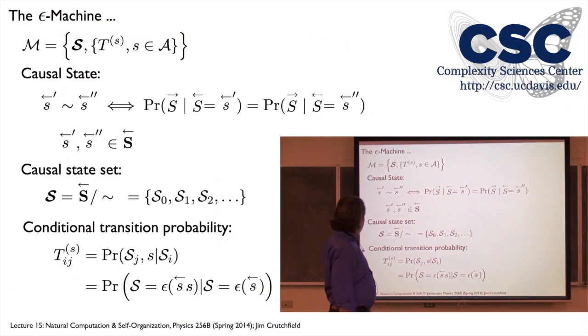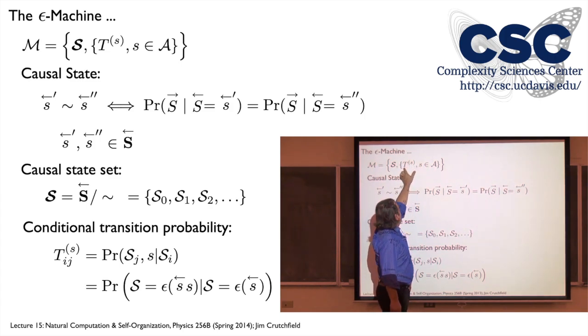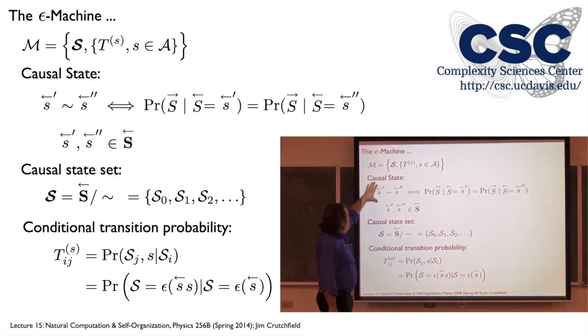Okay, so just to recall, the Epsilon machine is this set of causal states and set of measurement-symbol-labeled transition matrices. The first real lecture was trying to motivate this predictive equivalence relation that induces the causal states, right?